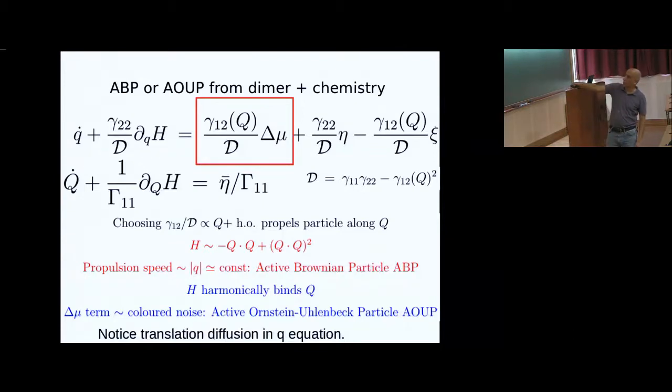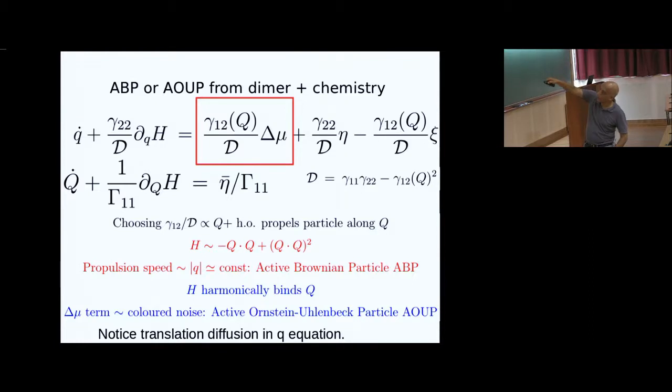So you can get both the active Brownian particle and the active Ornstein-Uhlenbeck particle, two things that the Cambridge group has discussed a lot. The only thing is, when you do this, what you get is a little hairy, but what you should note is the following. You get in the little q equation, the center of mass equation, this variable.